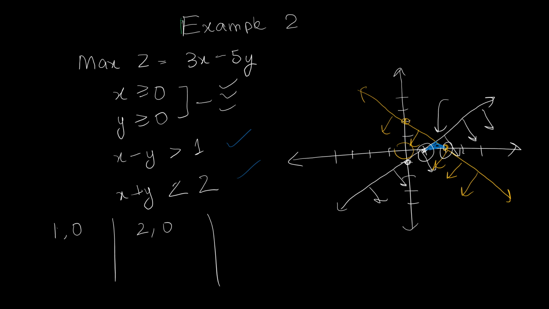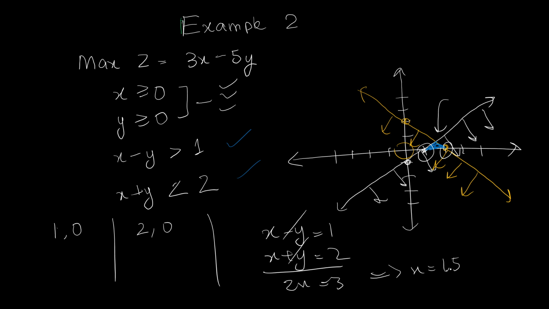To solve them, we can just replace the inequalities with the equal sign: x minus y equals 1 and x plus y equals 2. You do not need substitution or any other method. You can simply add the equations and get the answer instantly. So 2x equals 3, which gives x equals 1.5.